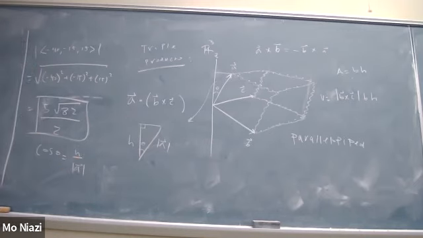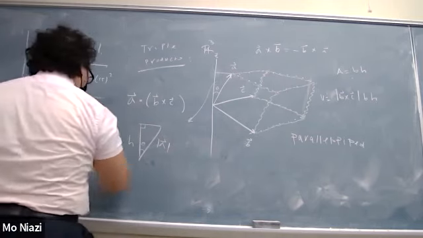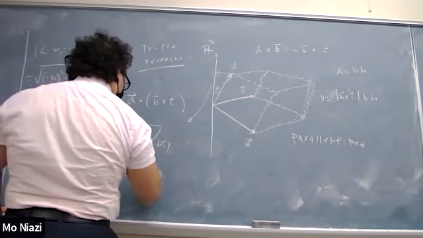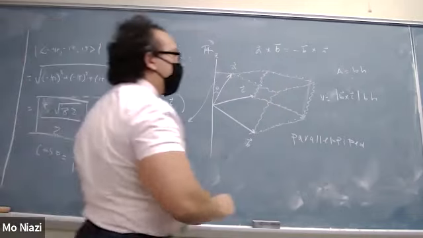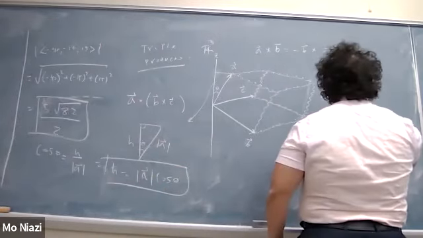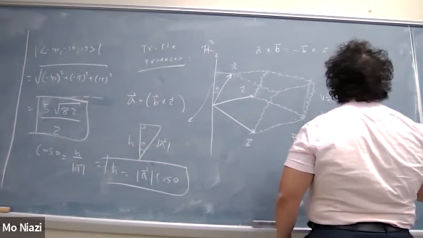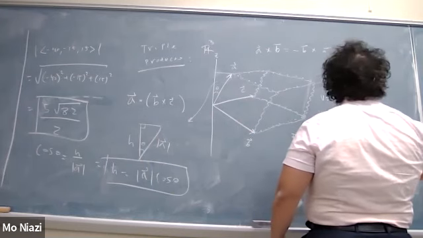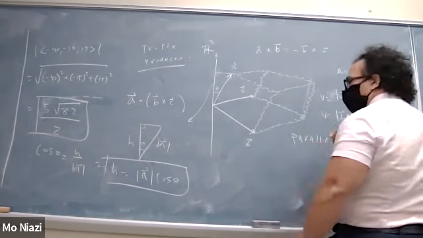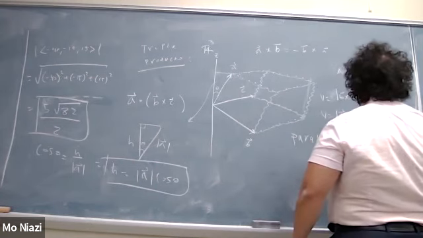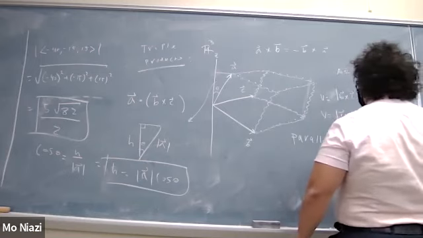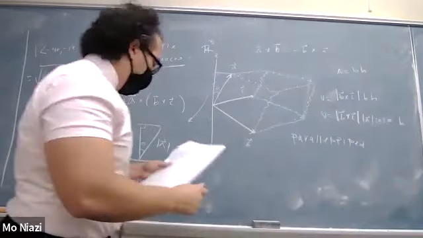Then we can solve for the height, because that's what we aspire to plug into our equation for the volume of the parallelepiped. Solving for h, I get that this is equal to the magnitude of A cosine of theta. We can plug this in right here. So volume is now base, and the height is the magnitude of A cosine of theta. That was what we replaced for height. So base is going to be here.